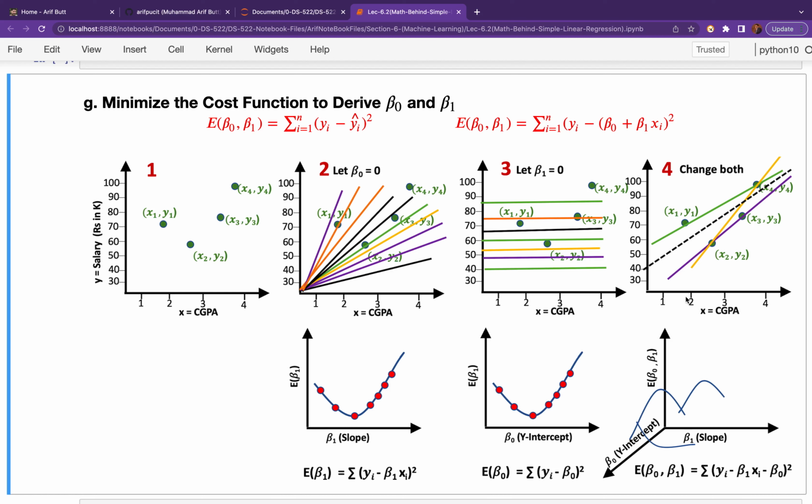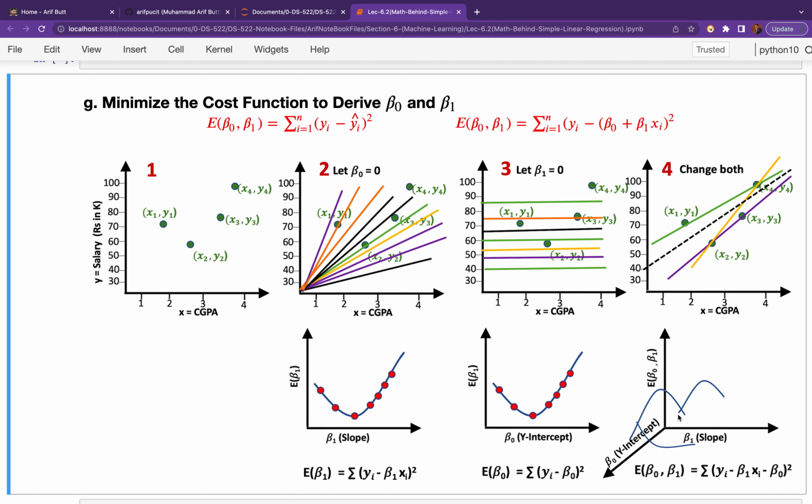So we can see that over here E is a function of beta naught and beta 1, which are like the knobs of a microwave oven. The way we need to adjust the knobs of a microwave oven to cook our favorite dish, the same way we need to adjust the values of these two variables, beta naught and beta 1, together to find the best fit line that passes as close to all these data points, x's and y's, as possible.